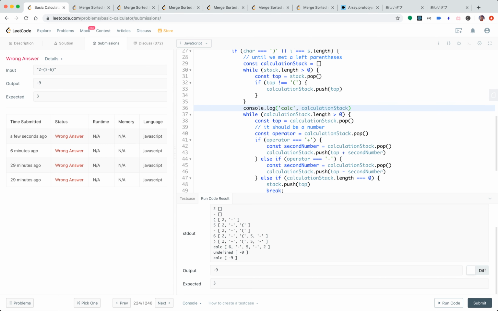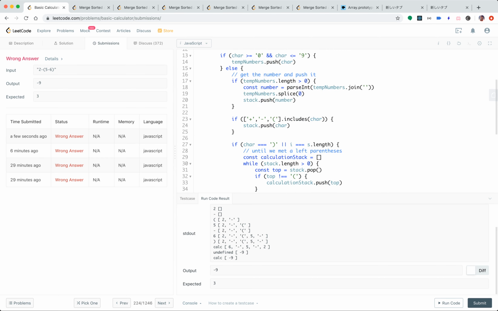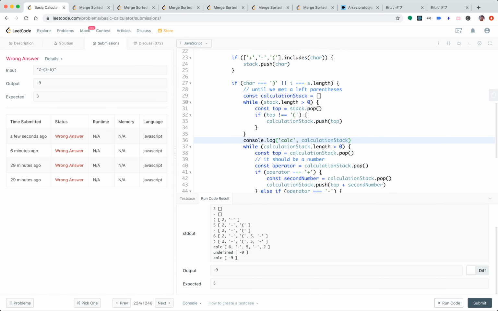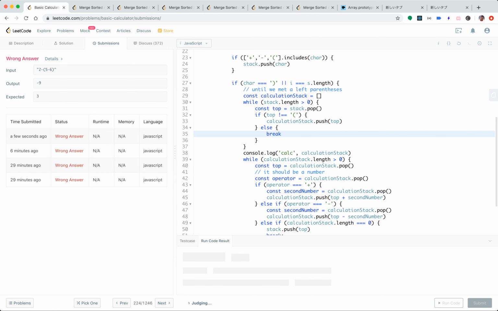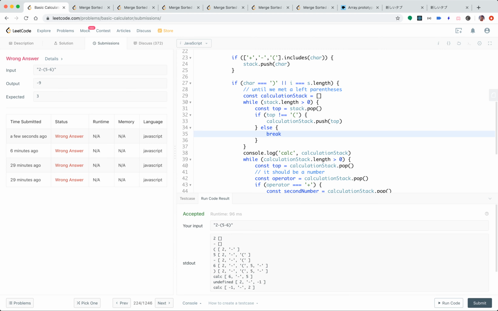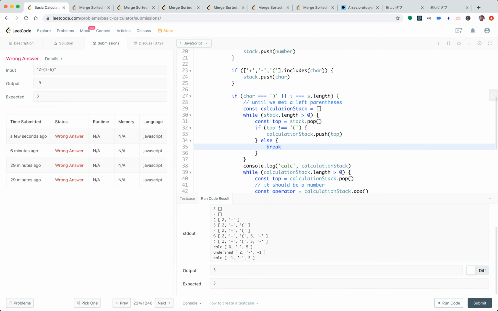No, the action. I think I made a mistake here. Oh, in the else I have to put break. Ah, I forgot to break it.